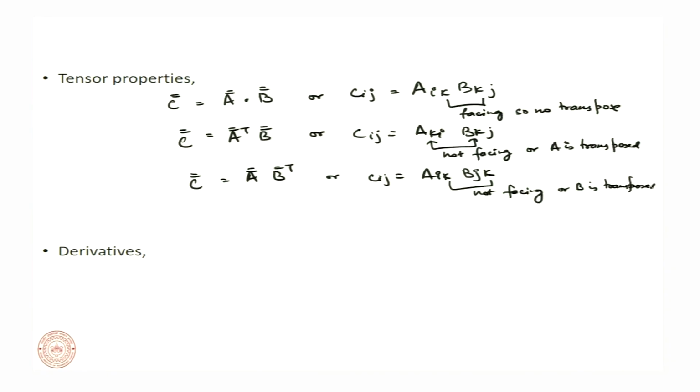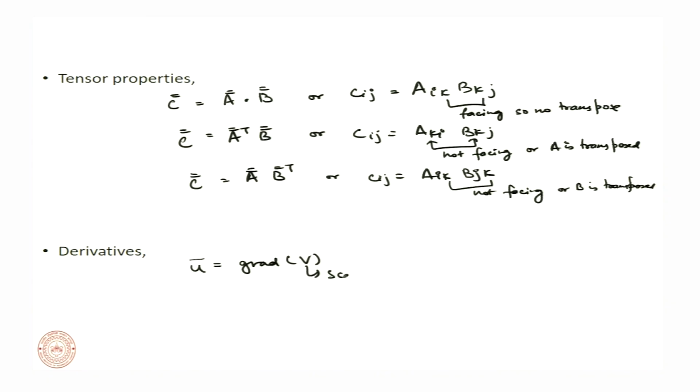So these are the properties for vectors. Derivatives can also be done. We will talk about derivatives in the next lecture, but just to introduce, for example, we take a gradient, say u vector is the gradient of a scalar, that is v.